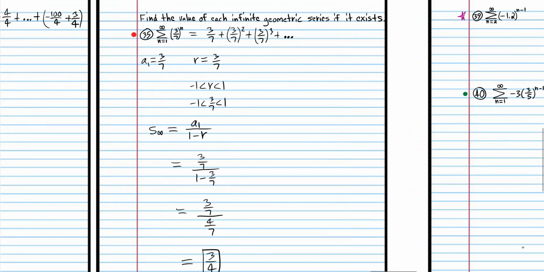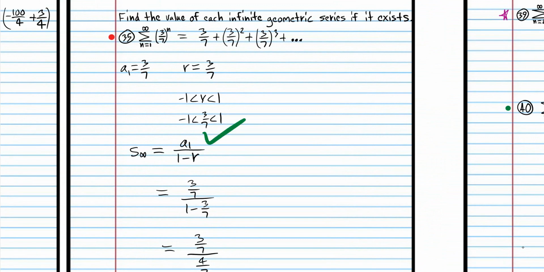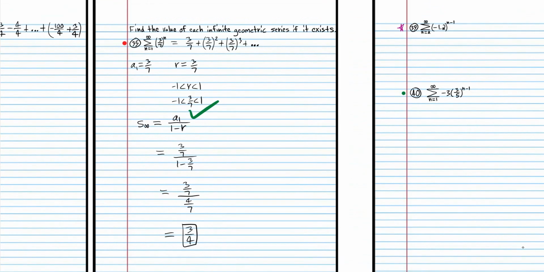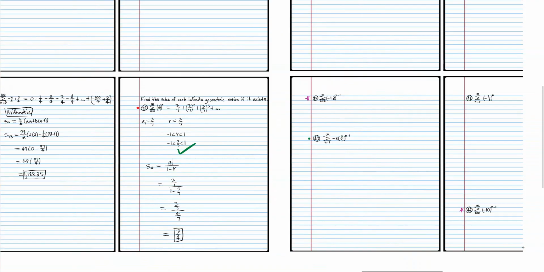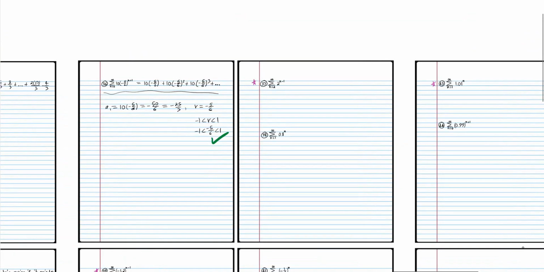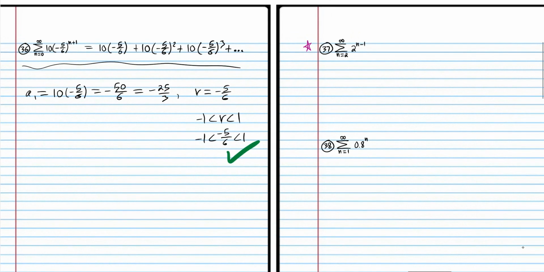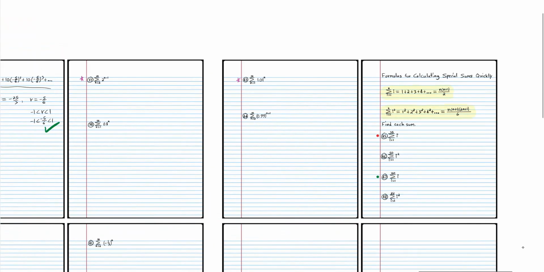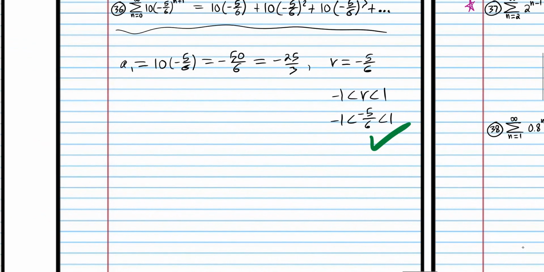We'll do that down here also. So let's use our formula. Our formula for the sum of the infinite number of terms in a geometric sequence is the first term over 1 minus the common ratio.